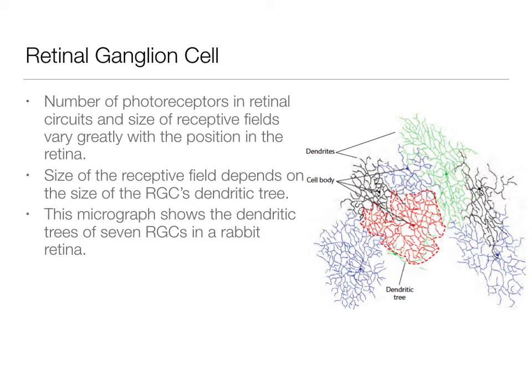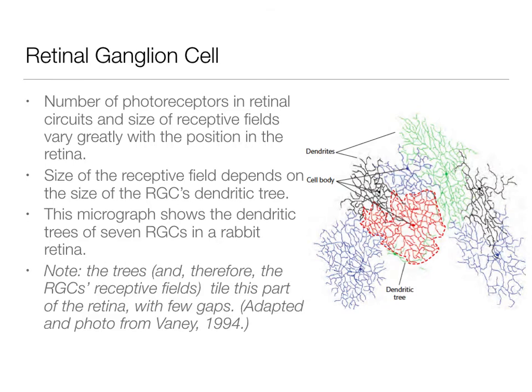The bigger the funnel, the bigger the receptive field. Which, remember, a bigger receptive field is going to be not good for acuity. We want a small receptive field for acuity. So here we have the more dendrites something has, the less acuity it has. But the better it's going to be at light and that kind of periphery information.